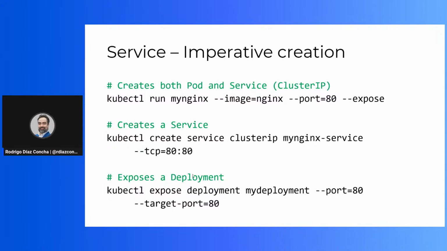Or you can just use kubectl expose deployment for exposing an existing deployment. For instance, you can see here on the screen, kubectl expose deployment, the name of the deployment, and then specifying the port that you're exposing and the target port that is going to be used for this service. Okay.